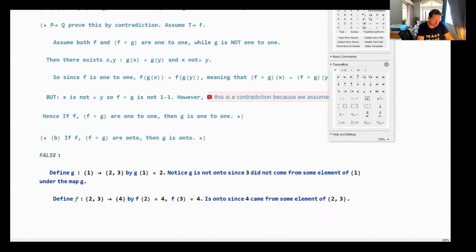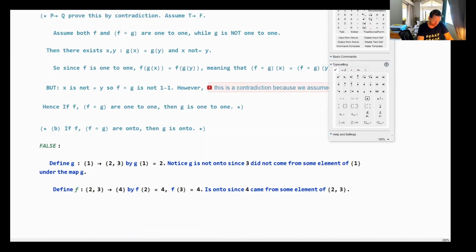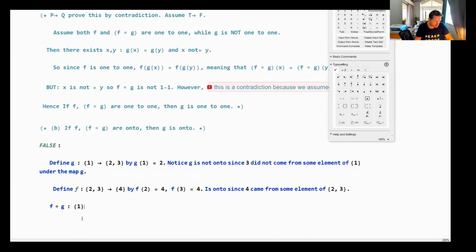Okay, now let's consider the composed map, F compose G. All right, so this is a rule that sends, because G is on the right-hand side here, the set containing 1 to the set containing 4, the ultimate destination. Let's look at the explicit rule.